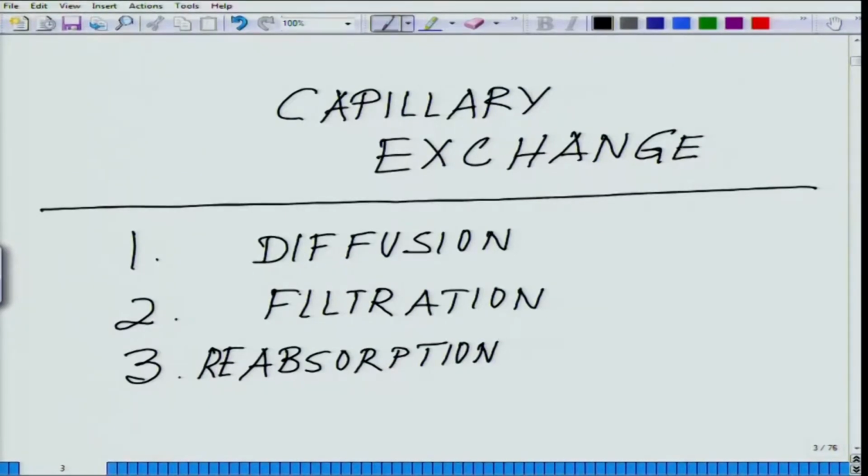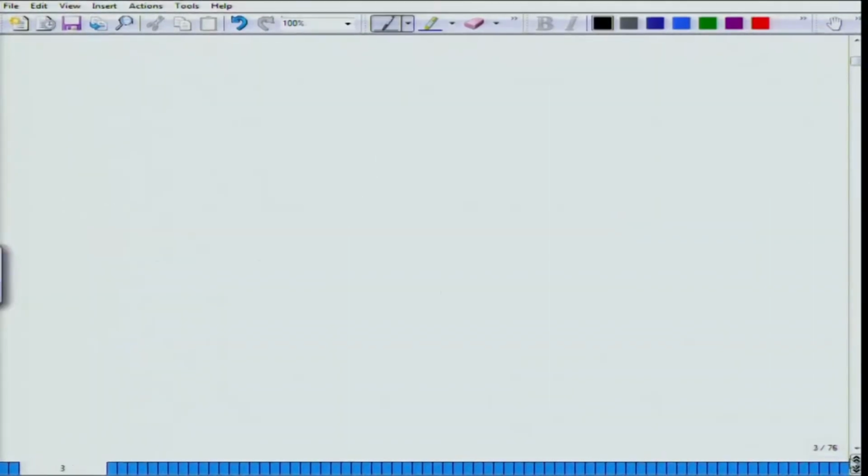It is basically the interplay between filtration and reabsorption which regulates the exchange of fluid across the capillary membrane. So, just to give you some numbers, and one more thing which I actually did not mention, so I thought I better discuss that first.